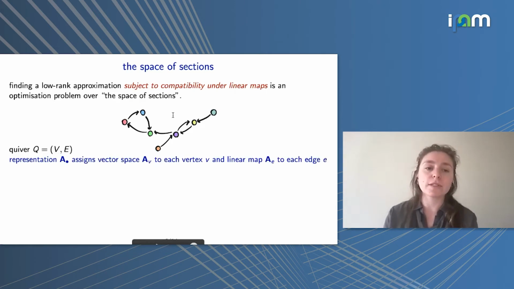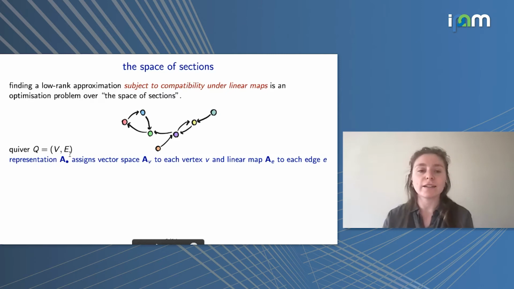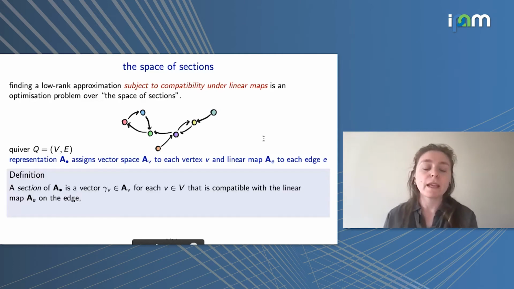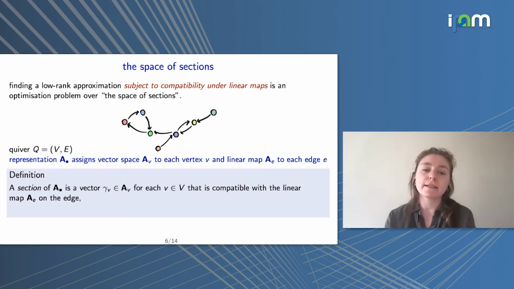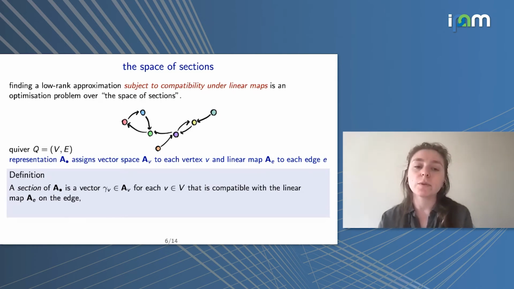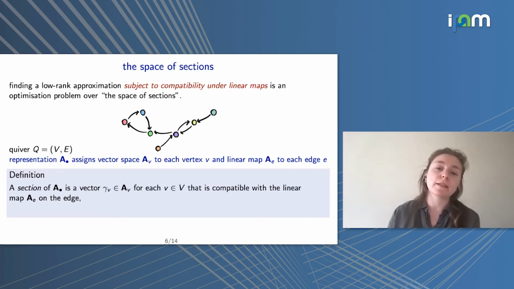Okay, so before we get to the space of sections, let's recall that our quiver is given by vertex set V and edge set E, and this is our representation A. So it assigns the vector space AV to each vertex V and the linear map AE to each edge E. Then a section of the representation is an assignment of one vector in each vector space.